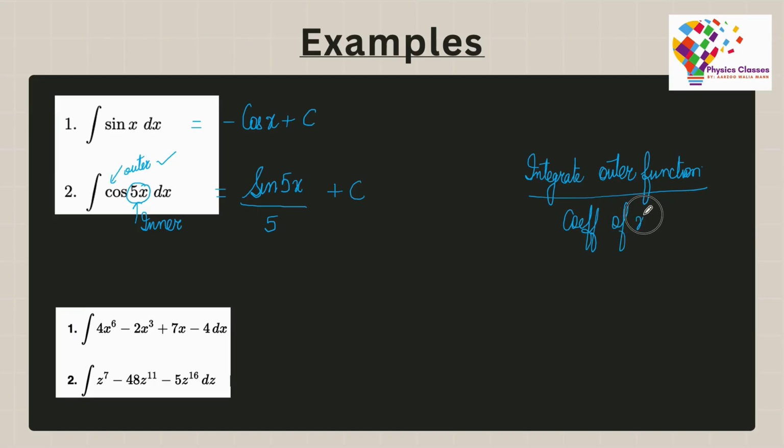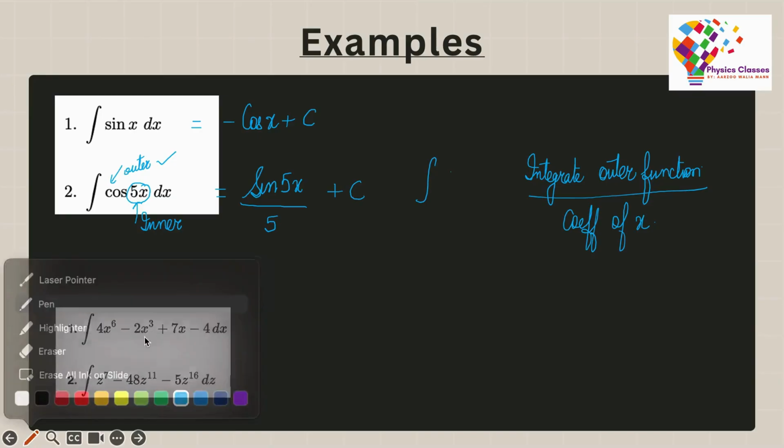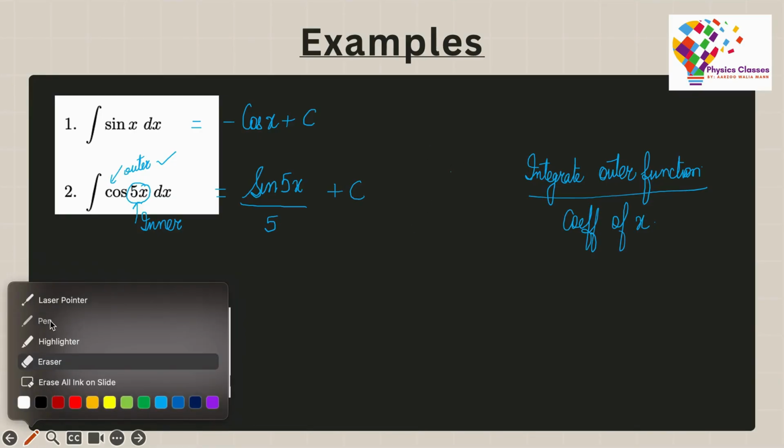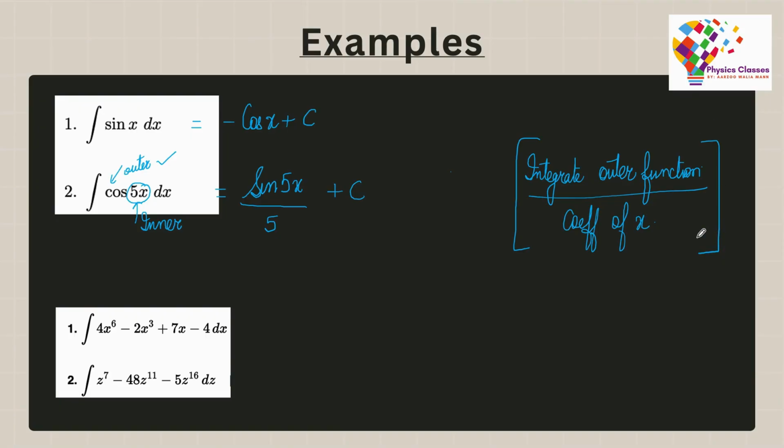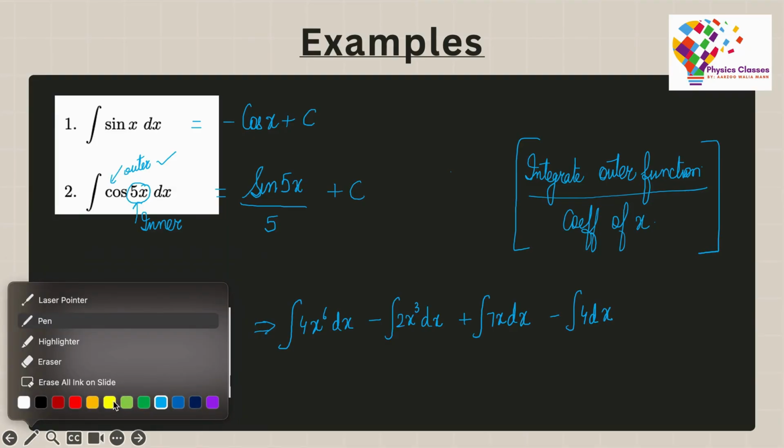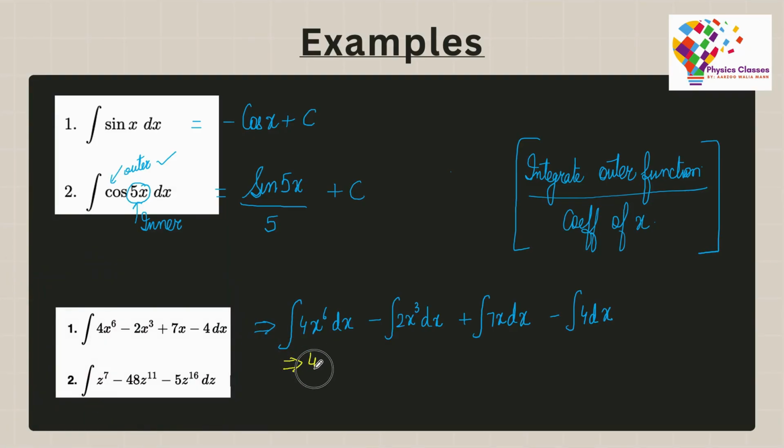So 4x to the power 6 becomes 4x to the power 7 by 7. 2x cube integration is 2x to the power 4 by 4. 7x integration is 7x square by 2, and minus 4 would become minus 4x plus the constant. So this is my integral. The second function, which is present below, you should try yourself because it's pretty easy. You just use the power rule.